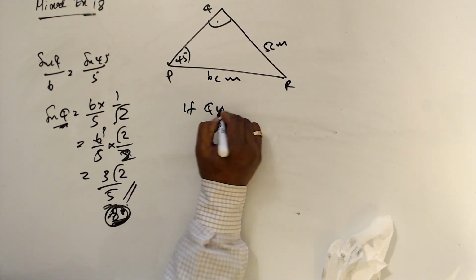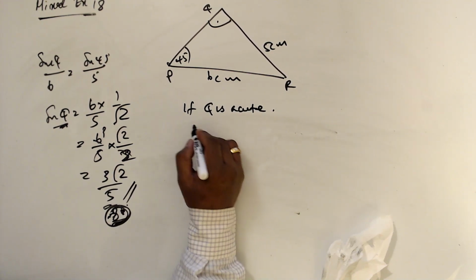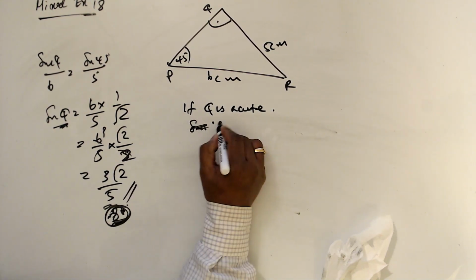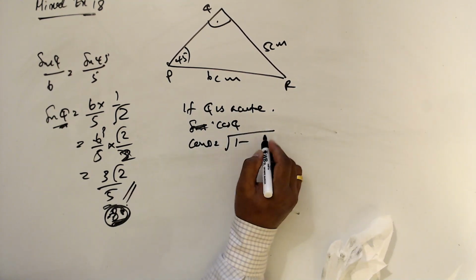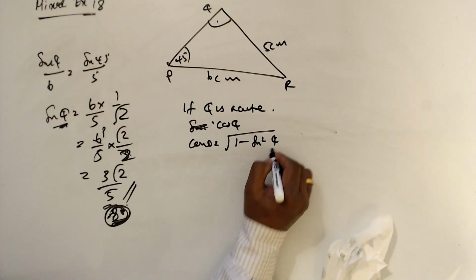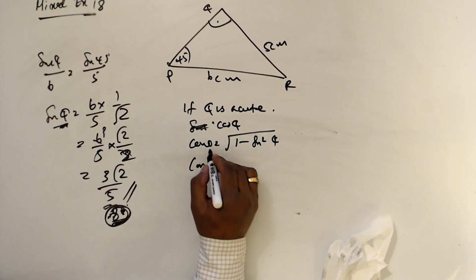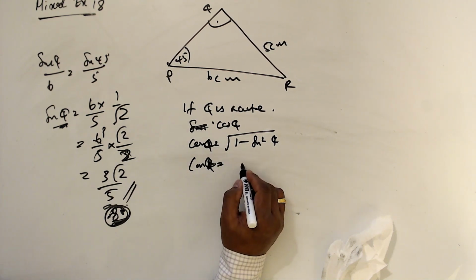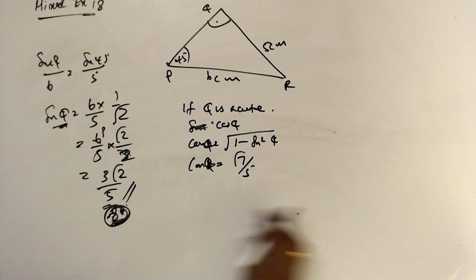if q is acute, we'll find cos q. Cos q means square root of 1 minus sine squared q. Then you will get cos q is square root 7 over 5.